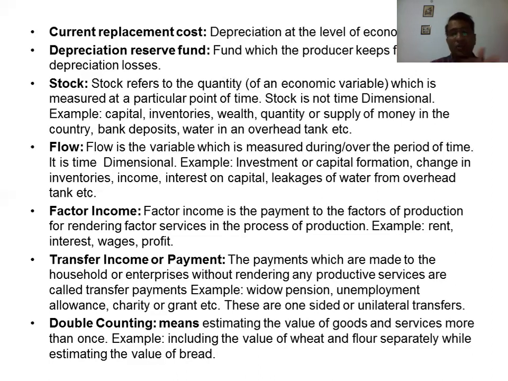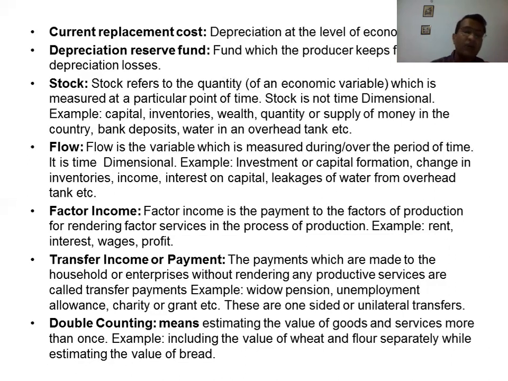So if we add both the value of wheat and flour separately, that is double counting. To avoid double counting, we use the value of only the final goods and services to calculate national income. So double counting means estimating the value of goods and services more than once.